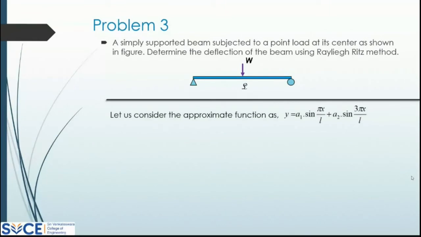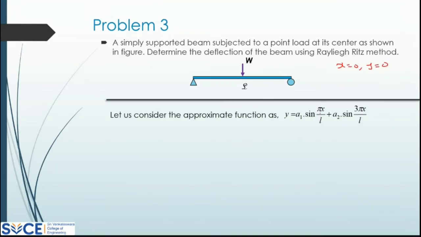Let us consider two approximation functions. Let me consider y is equal to a1 sine pi x by L plus a2 sine 3 pi x by L. These are my two terms. Now I apply the boundary conditions. When x is equal to 0, y should be equal to 0.